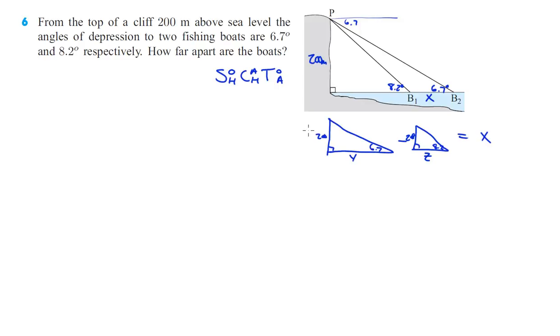This side here is the opposite. This side here is the adjacent. So for this one, tangent 6.7 degrees equals opposite, which is 200, over adjacent, which we're calling y. Variables in the denominator, so we switch those two. We get y equals 200 divided by tangent of 6.7.